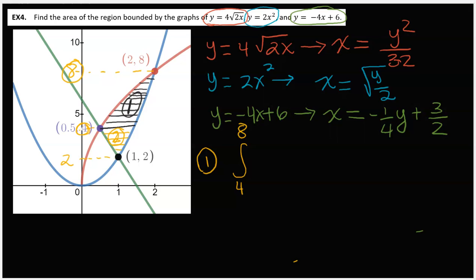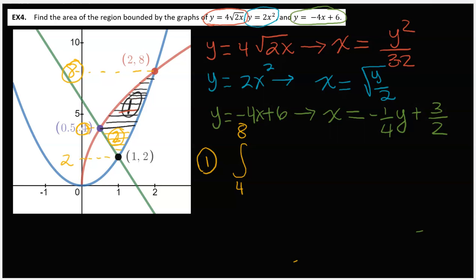Our strips are horizontal, so we have dy, and we take blue minus red. When we look at these rectangles, the length is the distance between the blue and the red.